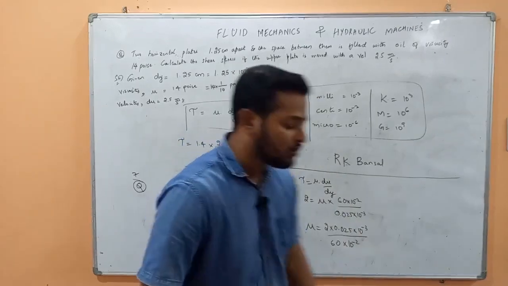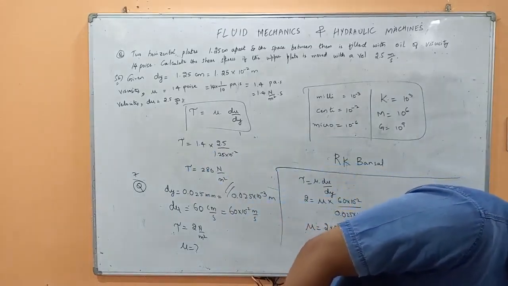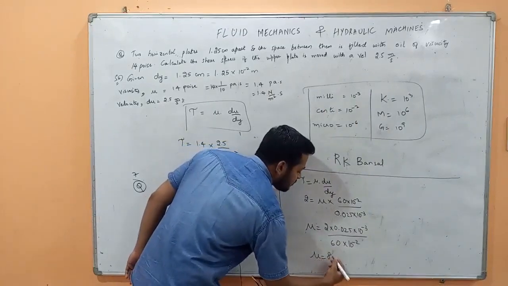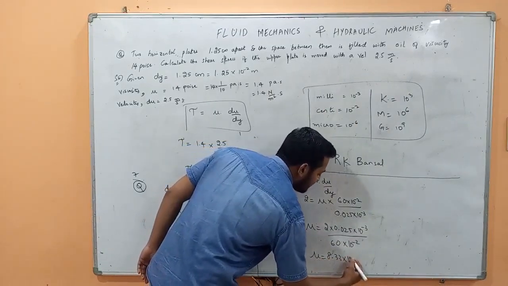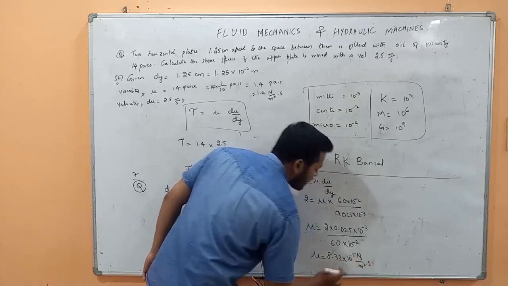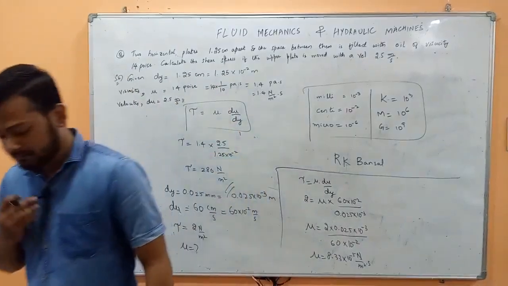You can solve this in the calculator, and this is coming out to be 8.33 into 10 power minus 5. So the mu value is 8.33 into 10 power minus 5, and the unit is Newton per meter square into second.